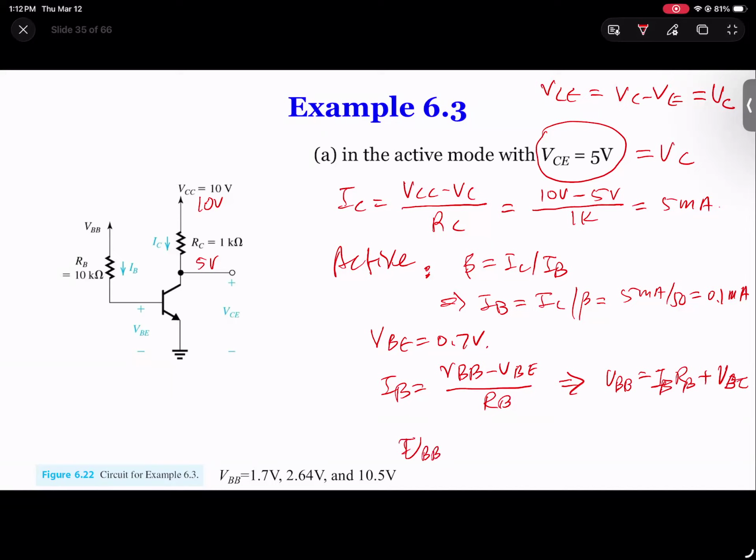So IB is 0.1 times RB is 10, that gives you 1 volt, plus VBE, which is 0.7, so it's going to be 1.7 volts. So we simply use the current flowing into the base to get 1.7 volts.